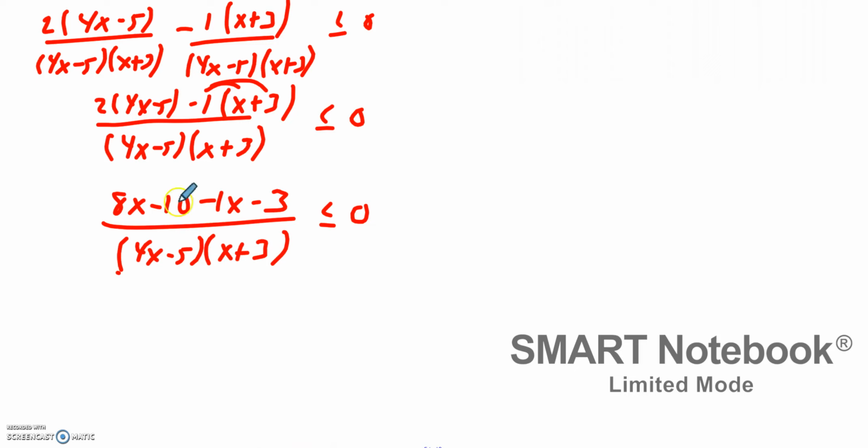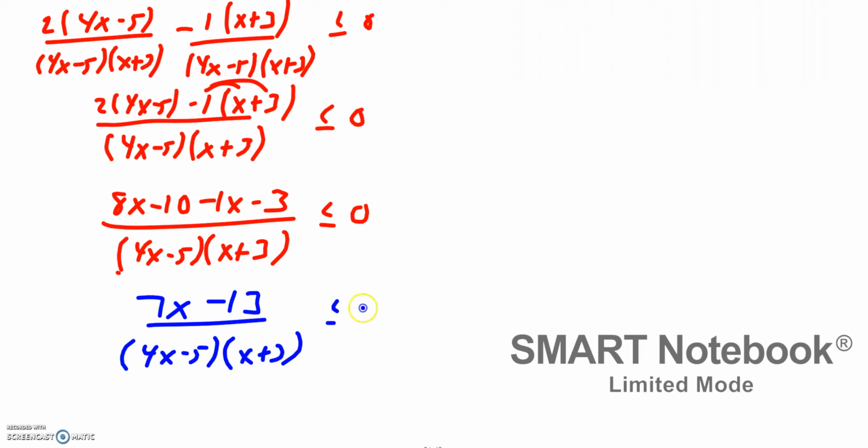If I keep simplifying the top, we would get 7x minus 13 over 4x minus 5 and x plus 3 is less than or equal to 0. So my critical numbers come from the numerator and denominator. My critical number from the numerator is going to be 13 over 7, and the numerator always goes with your inequality, so this is going to be included.